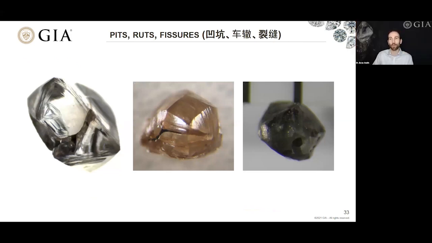Another example of fluid etching away a diamond is shown here. Sometimes the rock surrounding a diamond can have cracks that localize the interaction between the fluid and the diamond to form ruts or fissures.